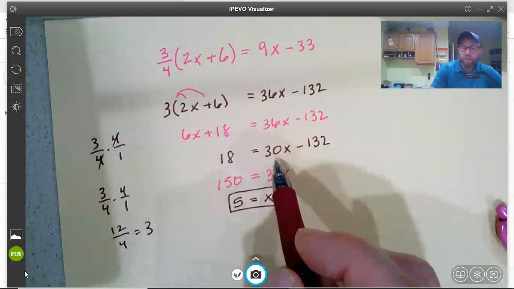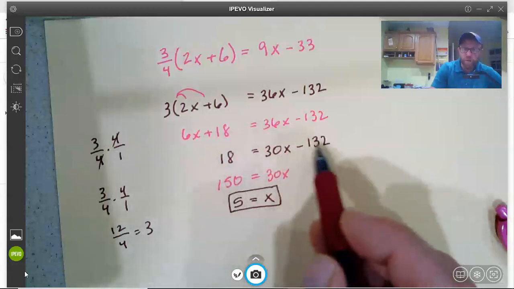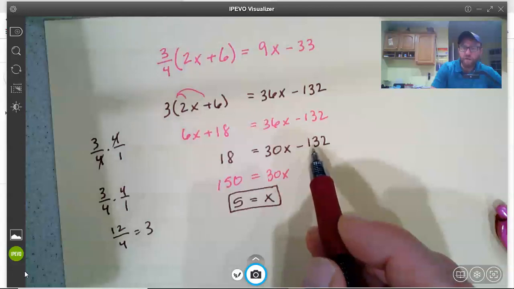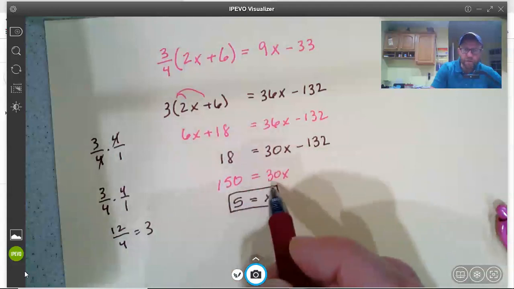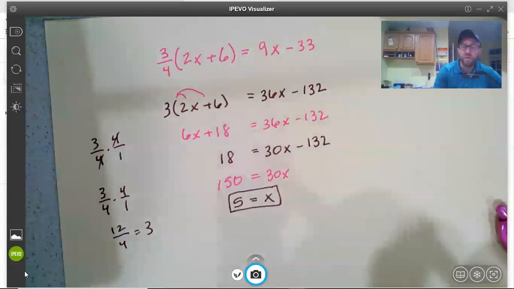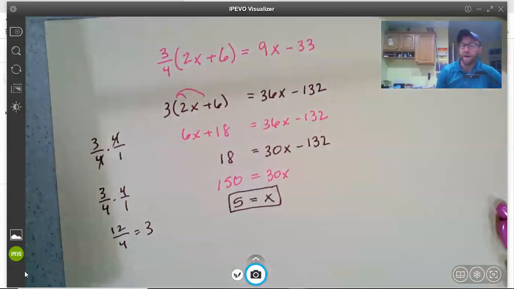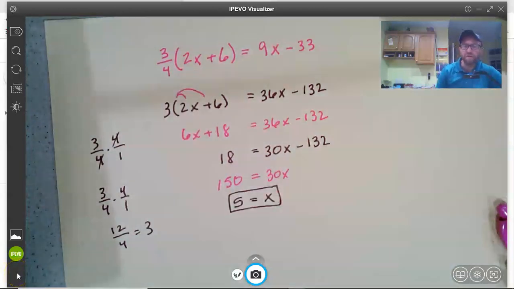So now I only have one x term, but I've got this negative 132 hanging out over here. I don't want that, so I had to add 132 to each side. That gave me 150 over here. I still have my 30x over here, so then I just divide by 30 on both sides to get 5. And that's how we solve an equation involving parentheses and a fraction on the outside.